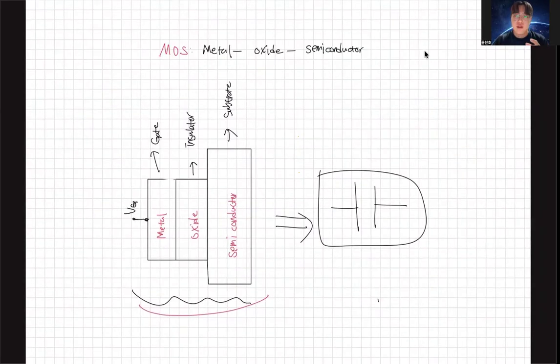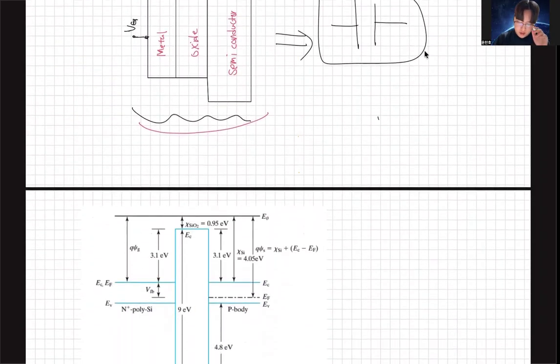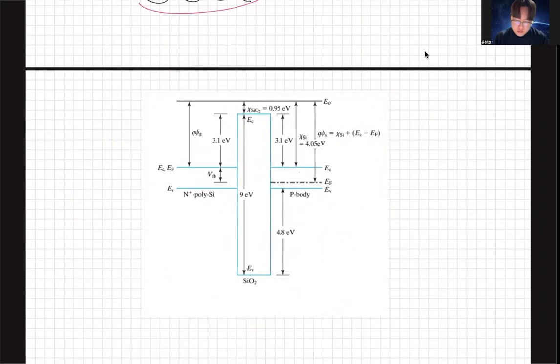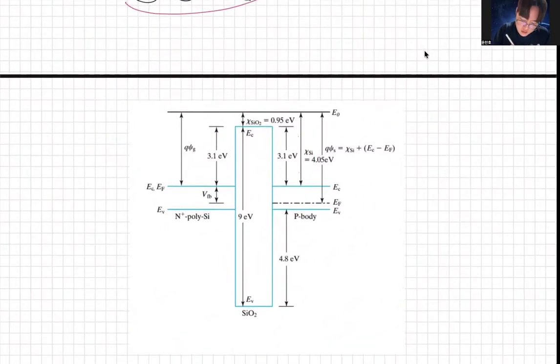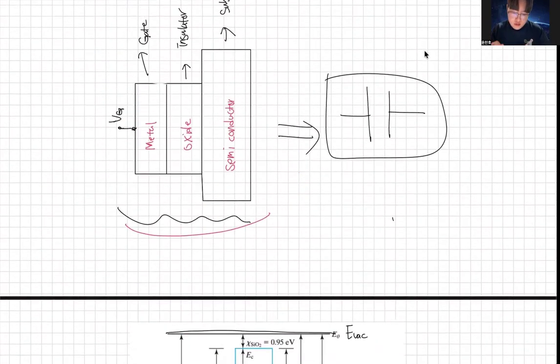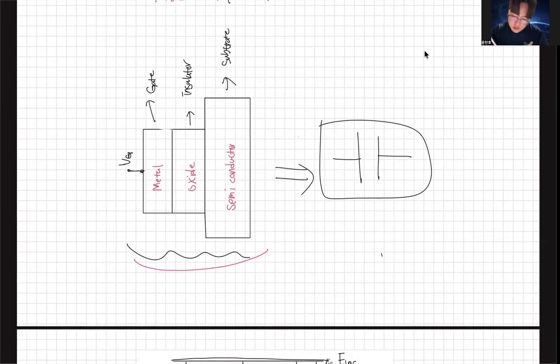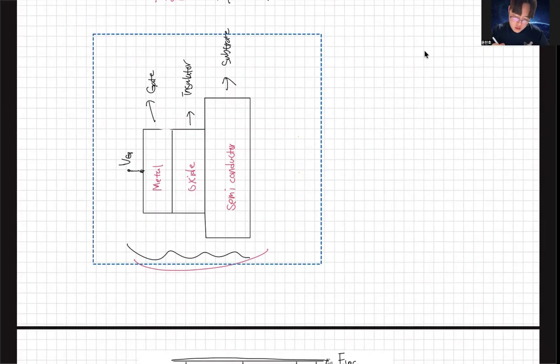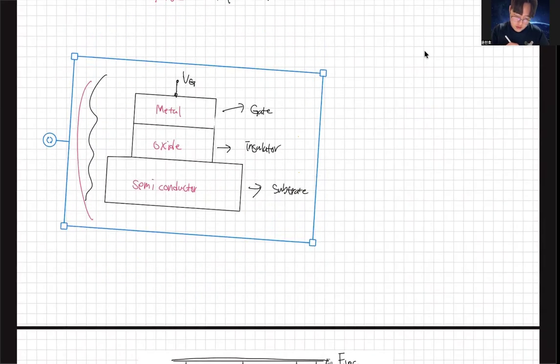And now I'm going to tell you simply how to draw the MOS cap band diagram. Okay, look at this slide. This level is the vacuum energy level. Before we talk about the band diagram, we have to know this.